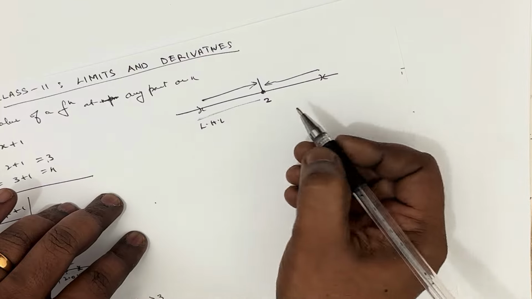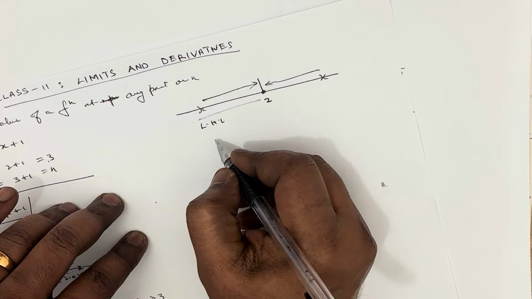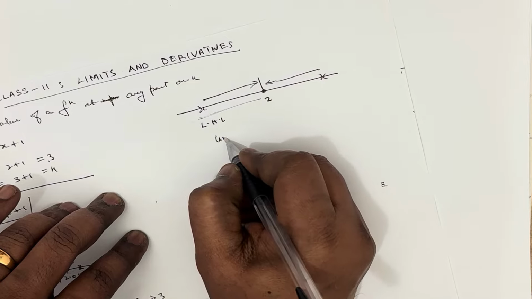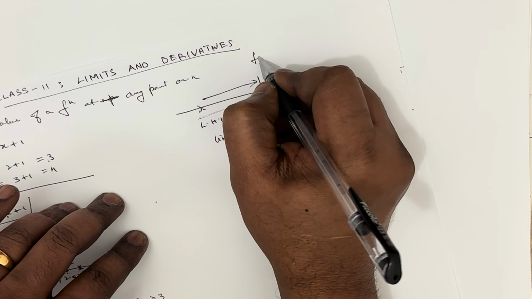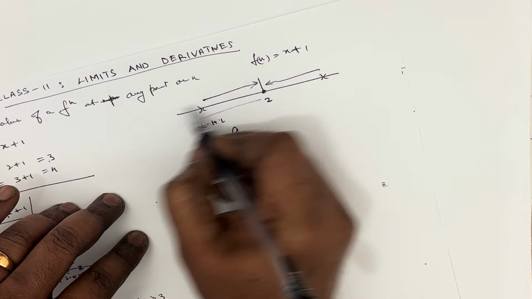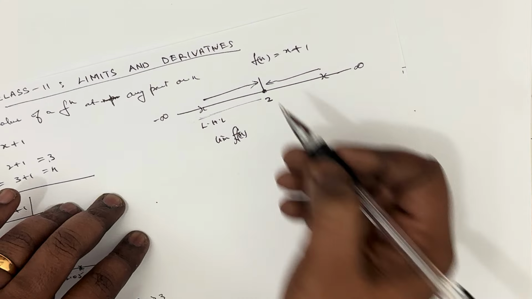To find the limit from the left hand side, we write the limit of the function f of x. Now f of x is equal to x plus 1, and this is defined for the whole number line, from minus infinity to infinity.